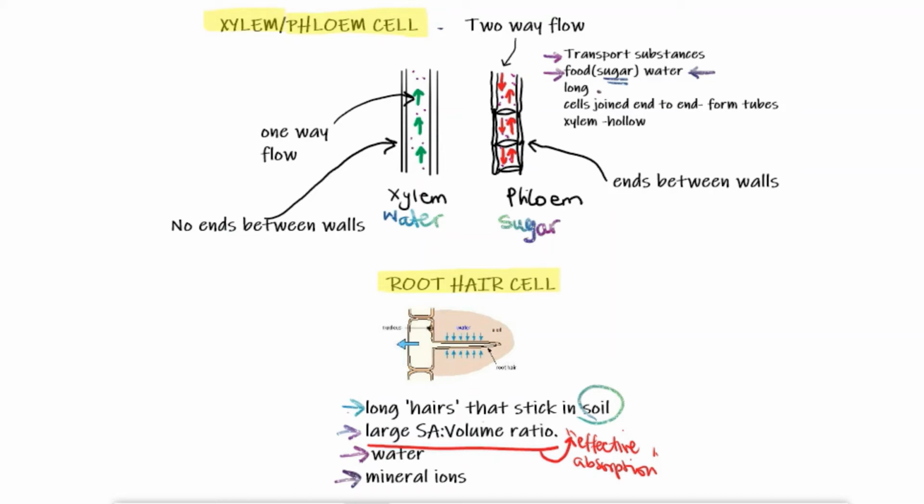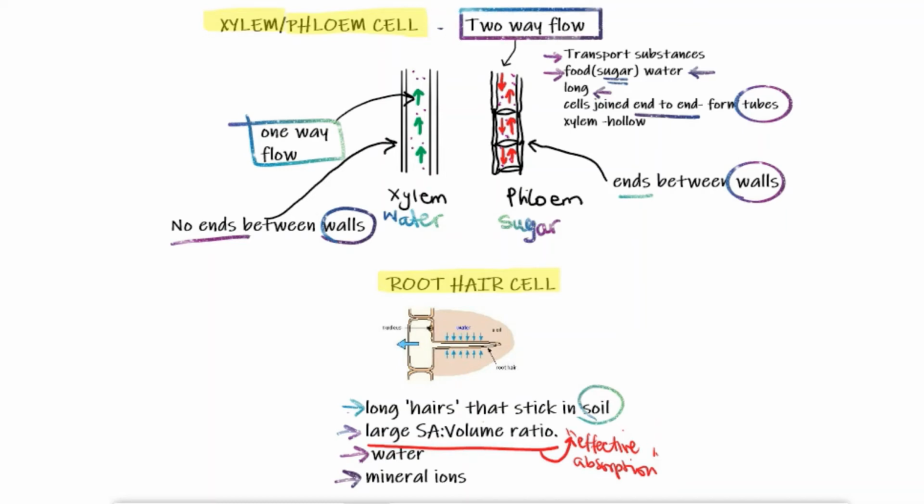Both xylem and phloem are long, and their cells are joined end to end to form tubes. The phloem has end walls between cells, whereas for xylem there are no end walls. That means for xylem it is a one-way flow, but for phloem we have a two-way flow.